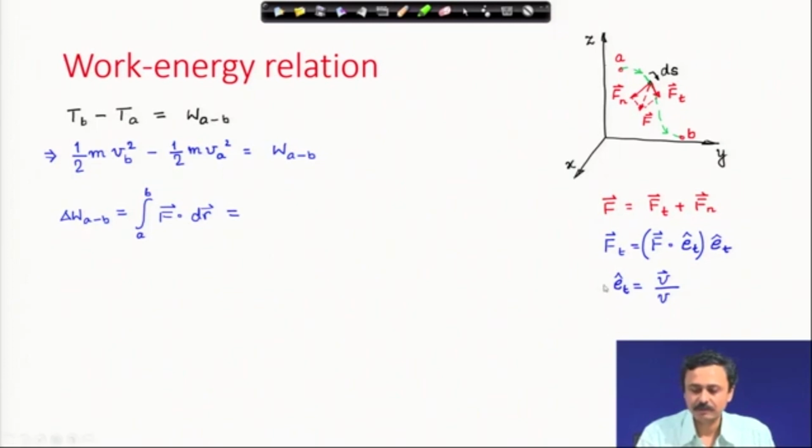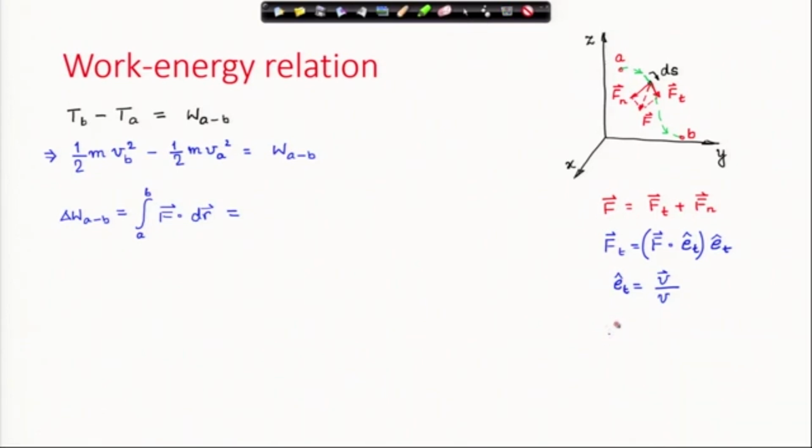If you want to find out the normal vector, the normal vector is nothing but F vector minus Ft, and Ft is already known. If you just put that expression of Ft there, you will get the normal force vector, which is normal to the path.